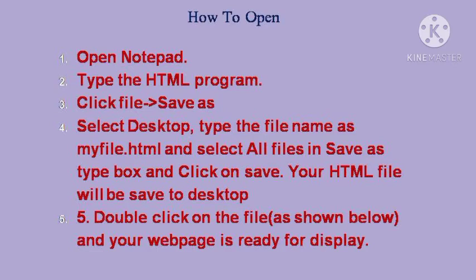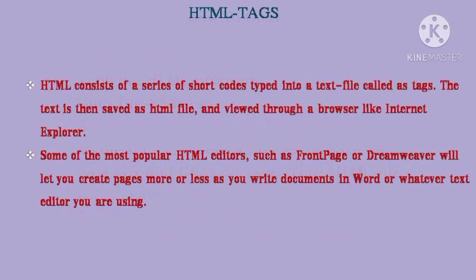Now I'm going to explain how to open HTML. For that, as I said, I need a text editor, Notepad or Notepad++. I'm going to open Notepad. First you have to open Notepad, then type the HTML program, and then select the file menu from Notepad and click save as. In the save as dialog box, select the desktop or a file area where you want to save your file.